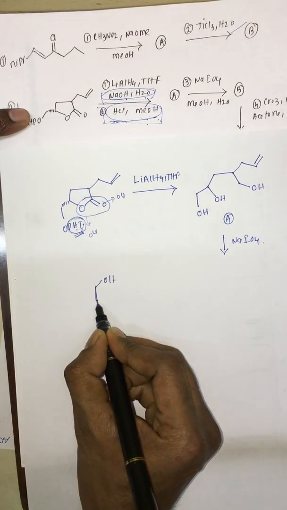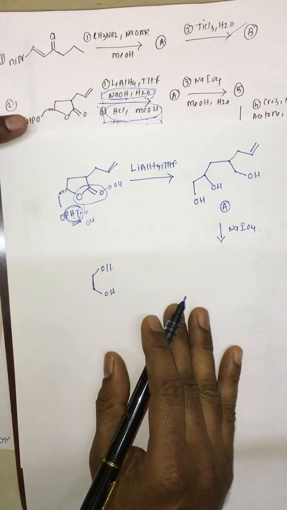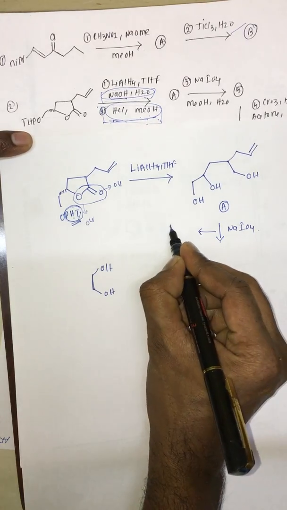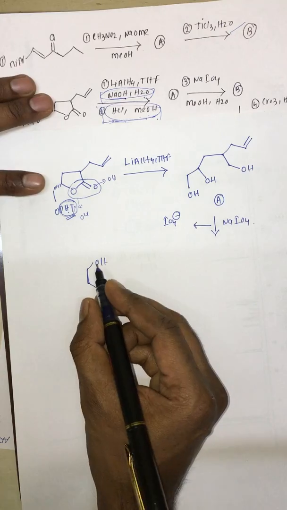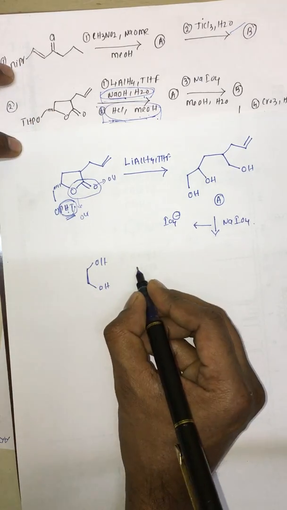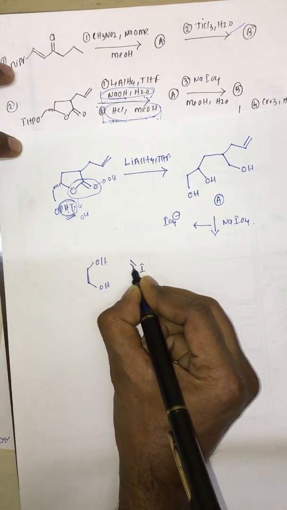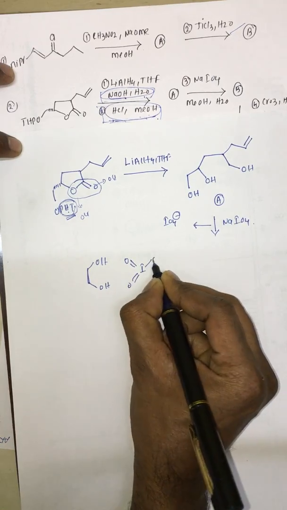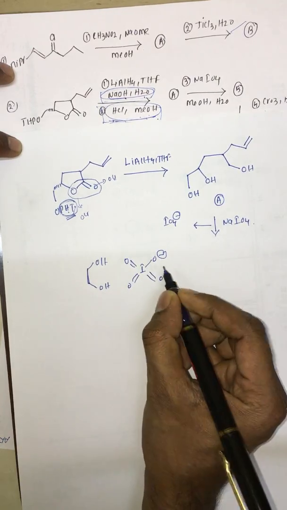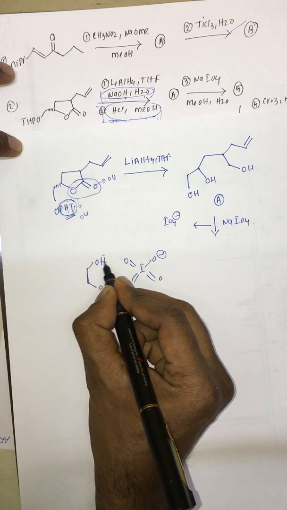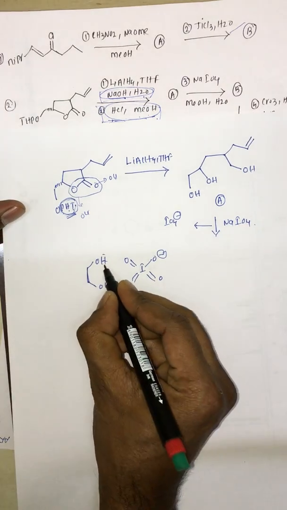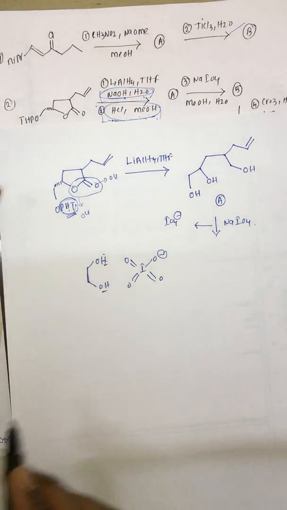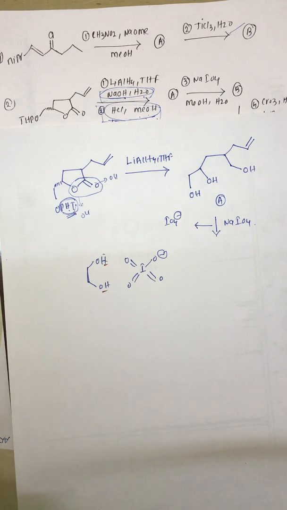1,2 hydroxy compounds, okay, in this NaIO4 the reacting species is IO4 minus. So when we have a 1,2 dihydroxy compound where this is IO4 minus, okay, this hydrogen and this OH will get removed as a water molecule.